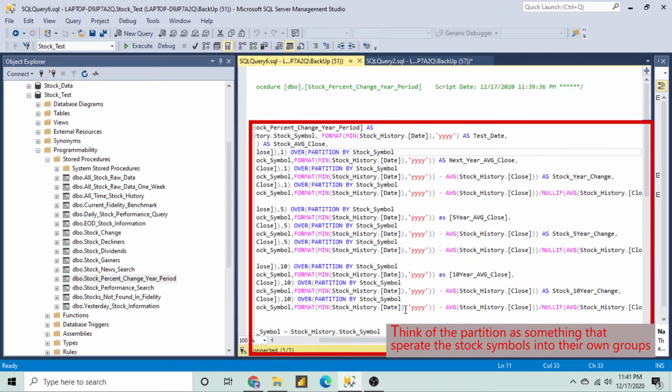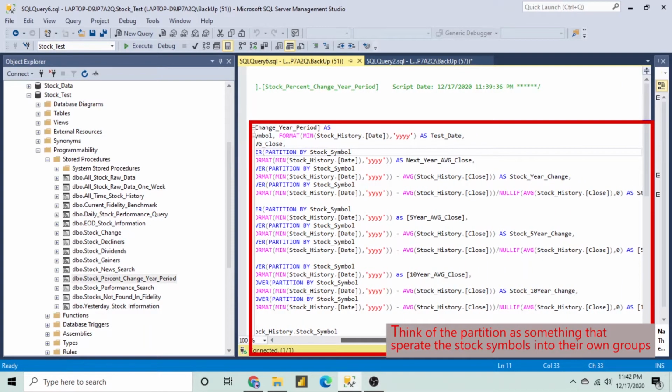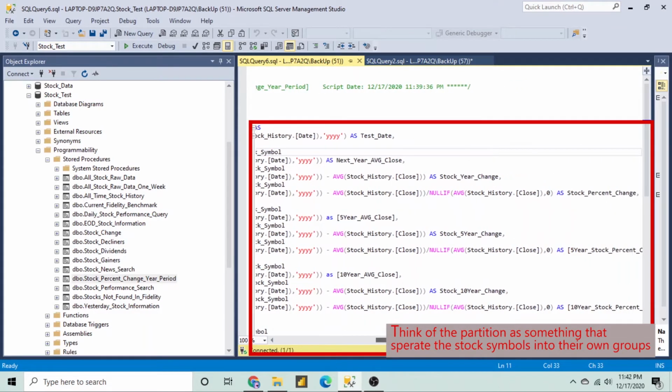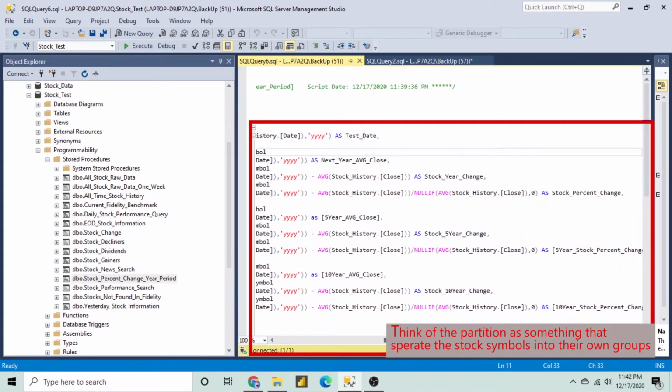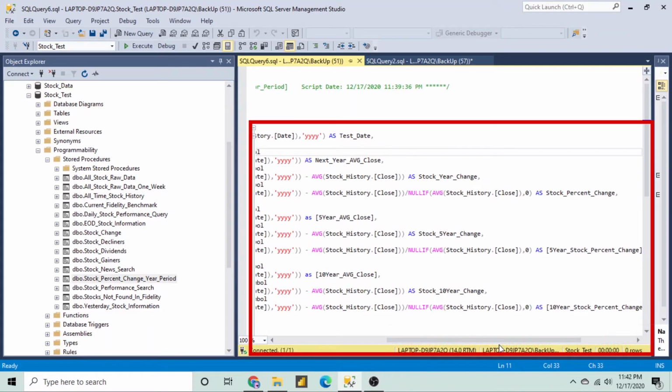Then the next column, which is called stock year change, is going to look at those two previous columns we created and subtract them both, and this is going to give us the dollar value. For the next column, we are going to calculate the percent change from those two columns we calculated earlier, where we had the average closing price and then the next year average closing price.